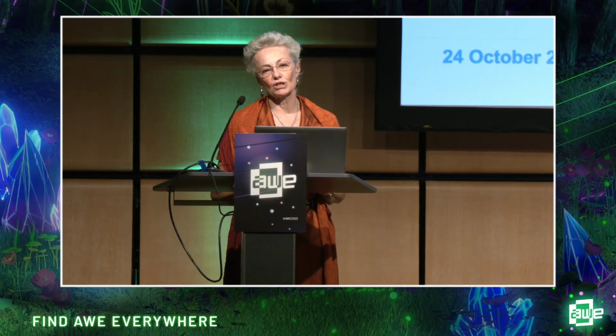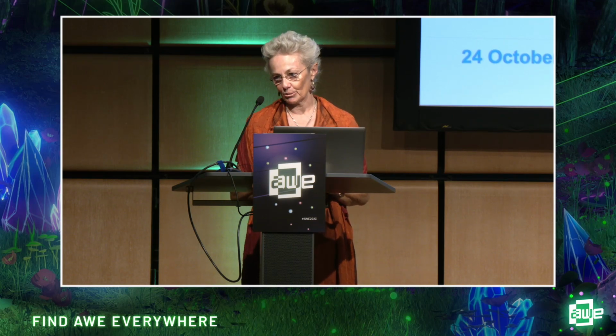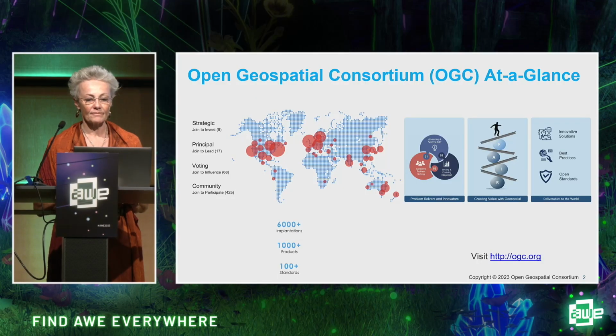And so that's one of the reasons that I've been very, very active in the Open Geospatial Consortium for about 10 or 12 years, and I co-chair 2 working groups in the context of OGC. So first of all, what is the OGC? It is a global organization with over 400, I think 500 members now.